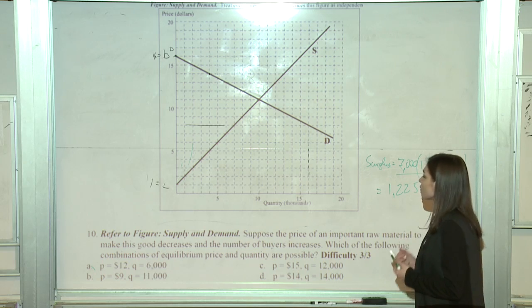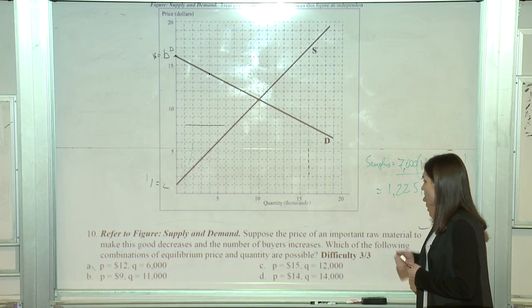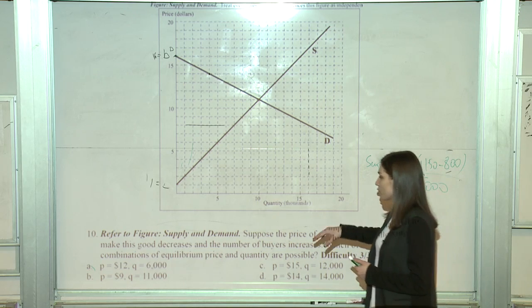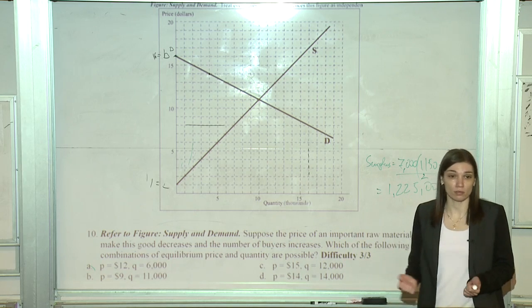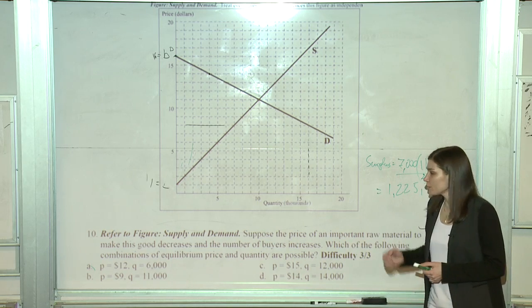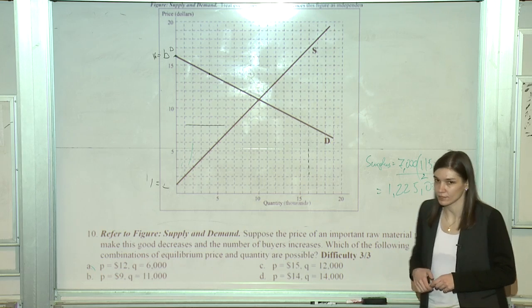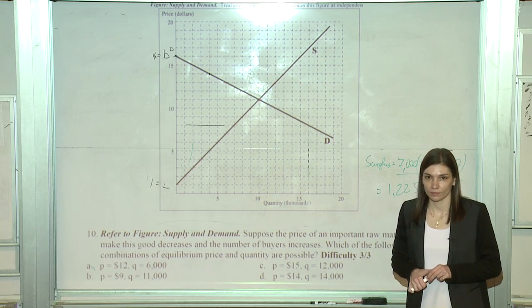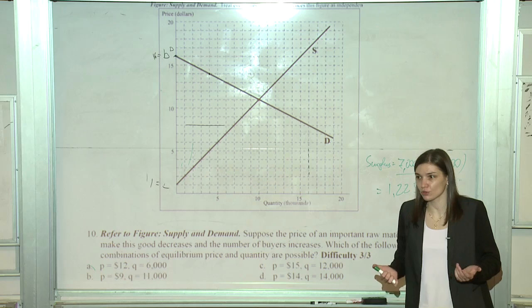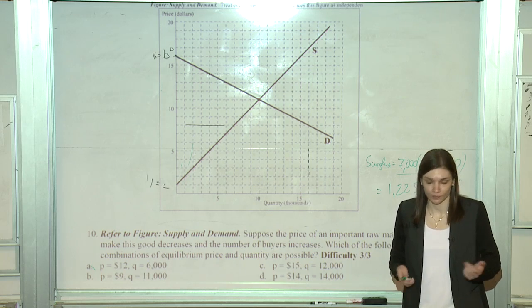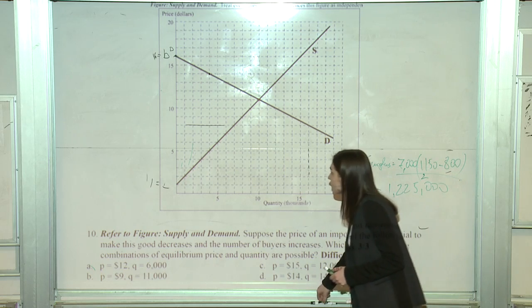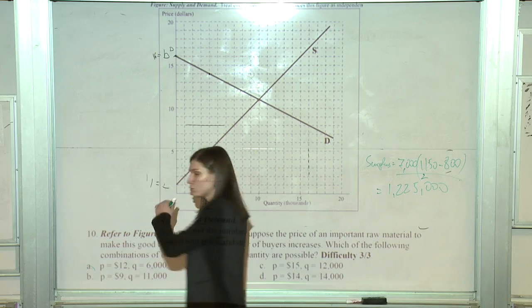And also the number of buyers increases. Which of the following combinations of equilibrium price and quantity are possible? So what's going to happen when the cost of producing this good decreases? Supply increases. It's cheaper to produce the good now, so we're going to produce more of it. An increase in supply would be a shift to the right.